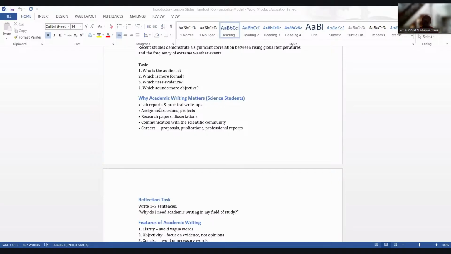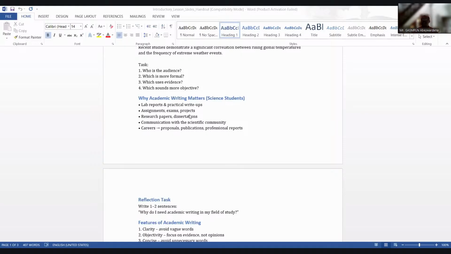Then you have to write assignments, writing tasks, exams, and projects. Everybody has to do a project here, irrespective of the academic discipline, maybe ASP, ASB, HPT, ICT. Everybody has to write projects in their third year.